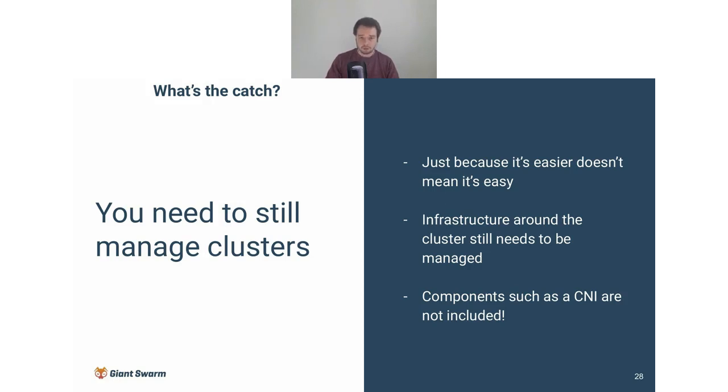Additionally, components that are not installed naturally on a cluster you create with kubeadm, like the CNI, are not going to be there on a Cluster API cluster. So you create a cluster, then you need to install your CNI. You may need to make sure that everything's working. Just a disclaimer that even though Cluster API gives you a lot of benefits, you still need to do some stuff. It's not a solution where you don't need to do anything anymore.